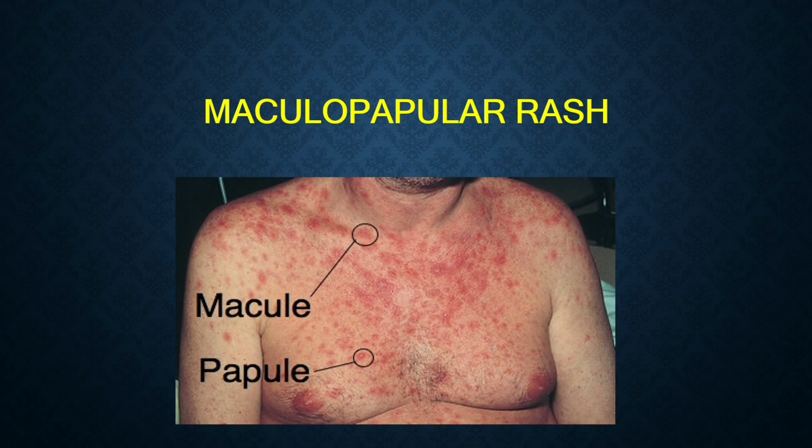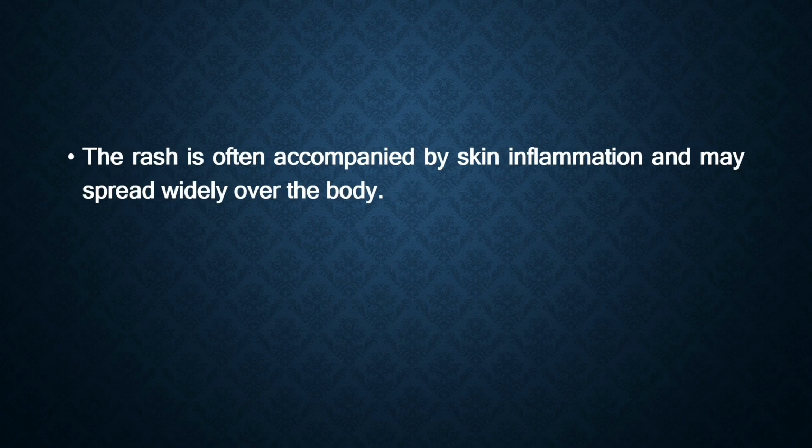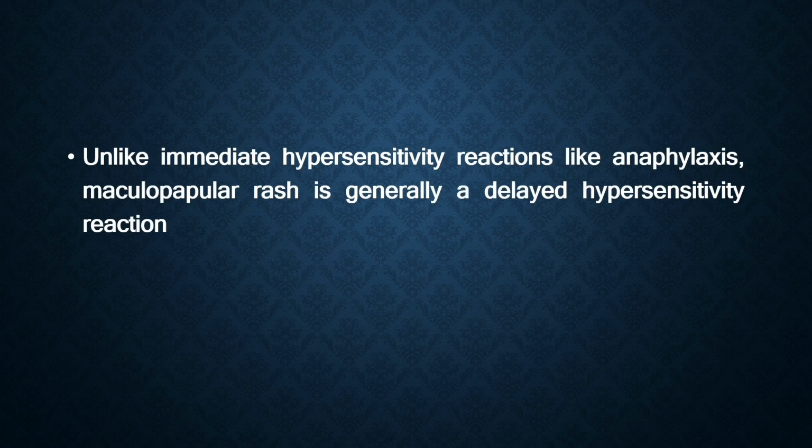So, in the maculopapular rash, there is spreading of the rash on the skin, and there is bumping of the skin. So it appears as flat red patches, macules, combined with small raised bumps, papules, on the skin. The rash is often accompanied by skin inflammation and may spread widely over the body.